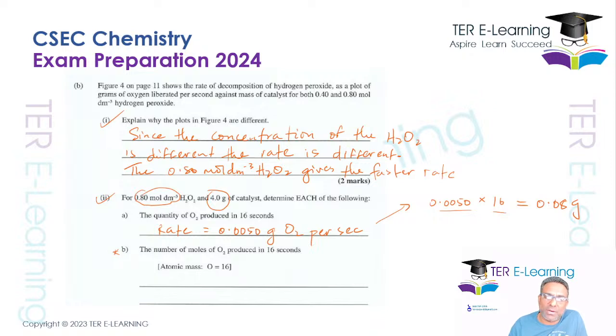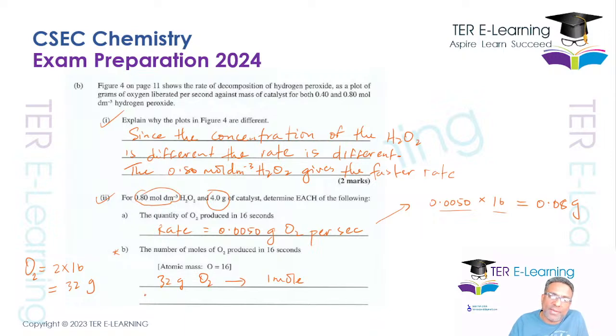Now the mass of oxygen is 16, so for O2, that's 2 oxygen atoms, so that's going to be 2 by 16, so that's 32. So therefore 32 grams is 1 mole. So you're going to say that 32 grams of O2 is 1 mole.